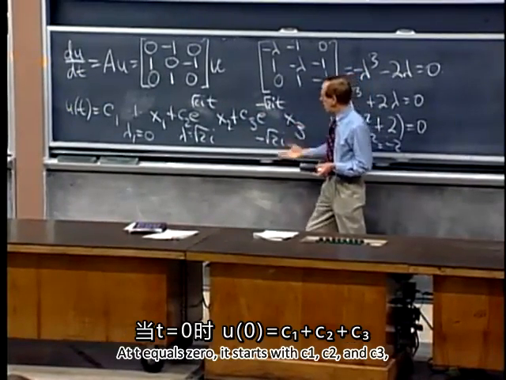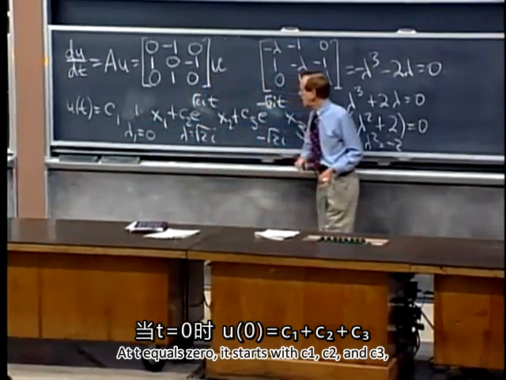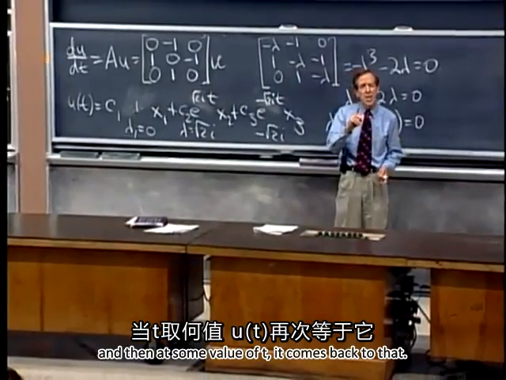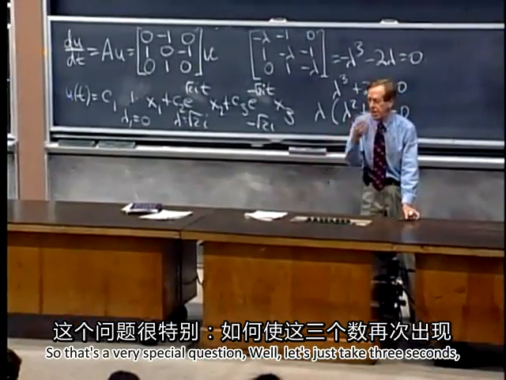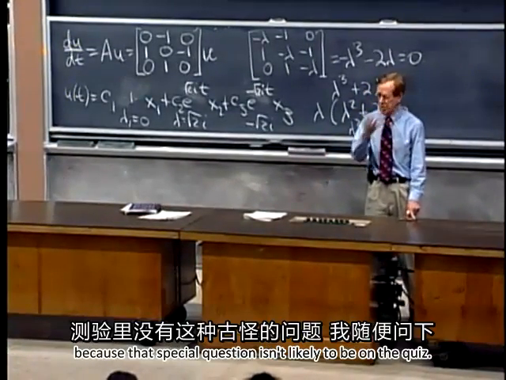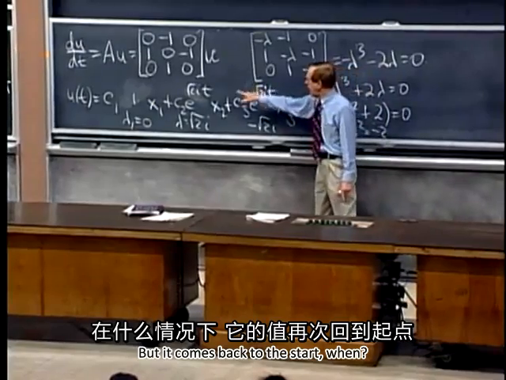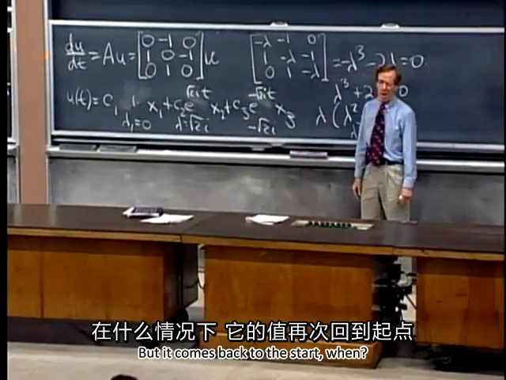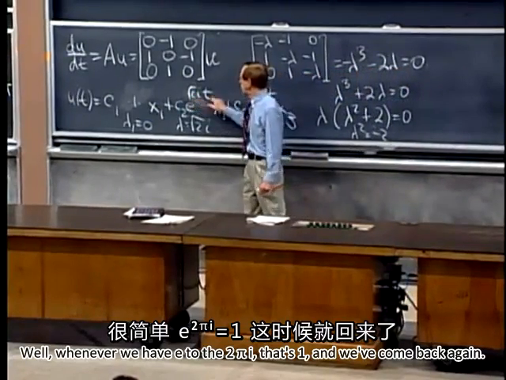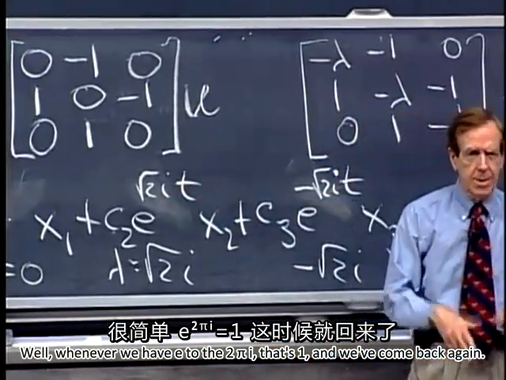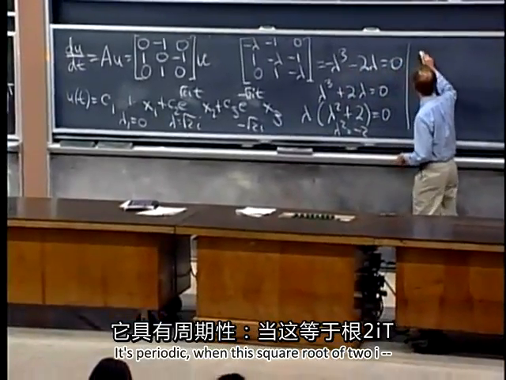At t equals 0, it starts with C1, C2, and C3, and then at some value of t, it comes back to that. So that's a very special question. Well, let's just take 3 seconds because that special question isn't likely to be on the quiz. But it comes back to the start when? Well, whenever we have e to the 2 pi i, that's 1, and we've come back again. So it comes back to the start, period.